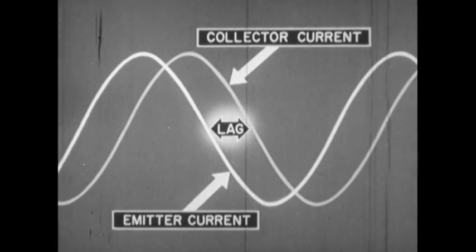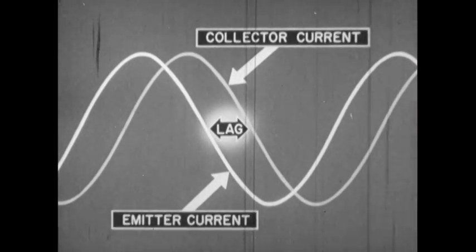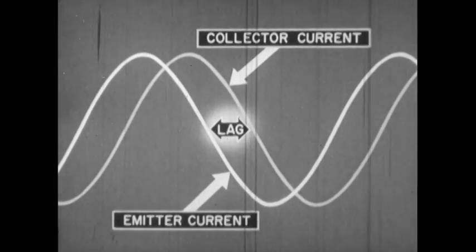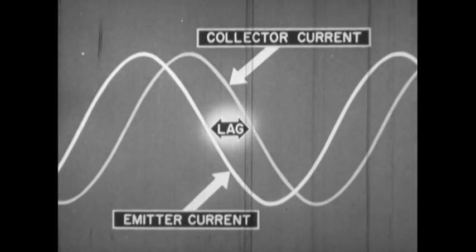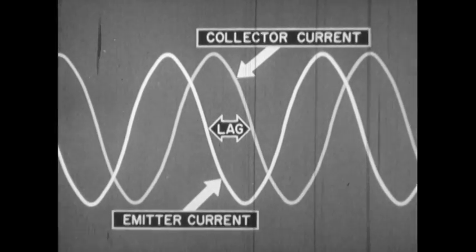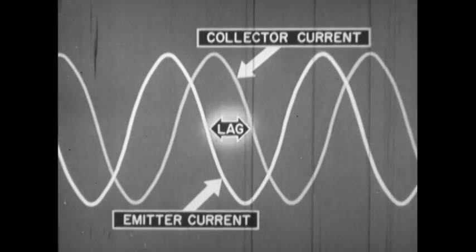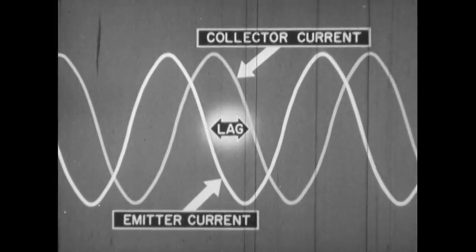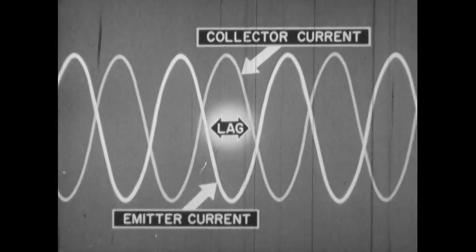This phase lag is very small at low frequencies, but the transit time is nearly the same regardless of the frequency in a given transistor. So, as the frequency is increased, the lag becomes a larger and larger proportion of each cycle's duration.